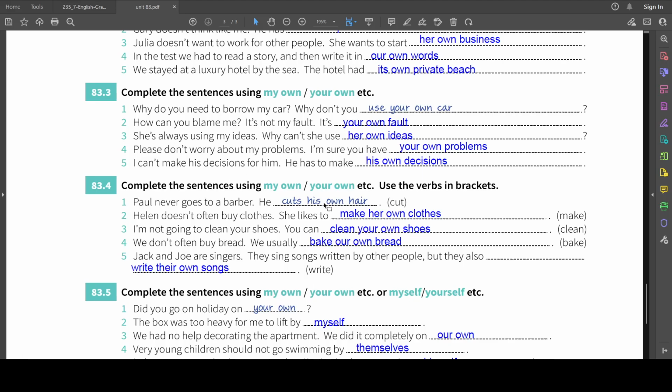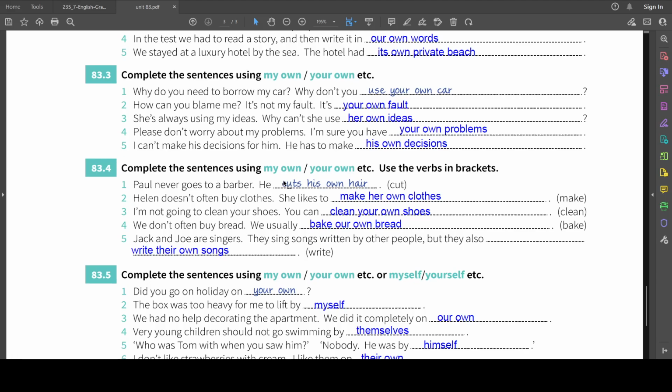Let's move on to the next part. Complete the sentences using my own, your own, etc. Use the verb in brackets, like make, clean, bake, and write. For example, Paul never goes to a barber. He cuts his own hair.